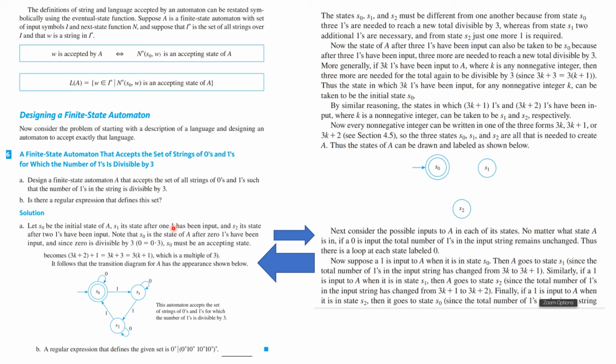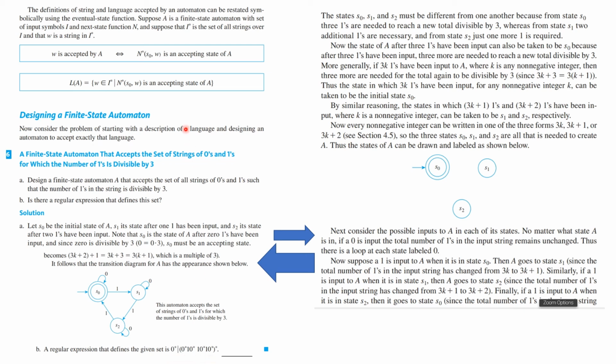So we go through and talk about that, and we end up with this being the solution. You should check and make sure that this actually does what you want it to do.